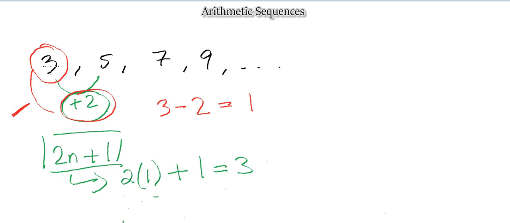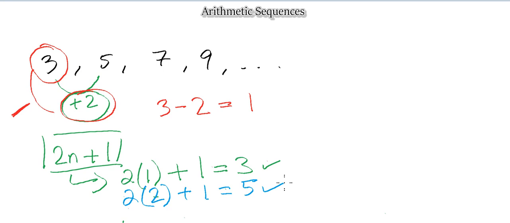Is that my first term? Yes, it is. Now let's try the second term. I want to find my second term, so I'll write 2 there. Same procedure: 2 multiplied by 2 is 4, plus 1, 5. Is that 5? Yes, it is.